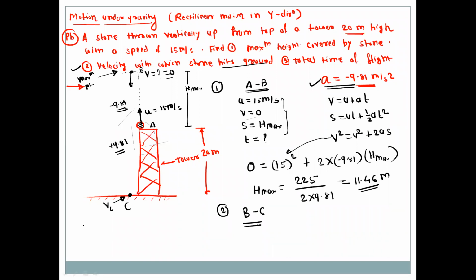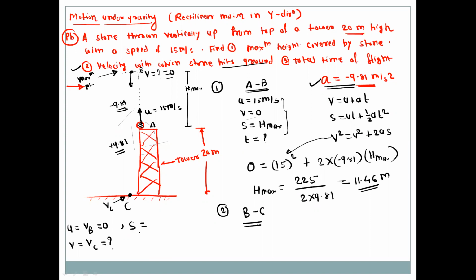So velocity at point B is known, Vb. This is nothing but initial velocity for B to C motion, and this is 0. What is final velocity? This is Vc, which is to be determined. Then displacement is known from point B to C.